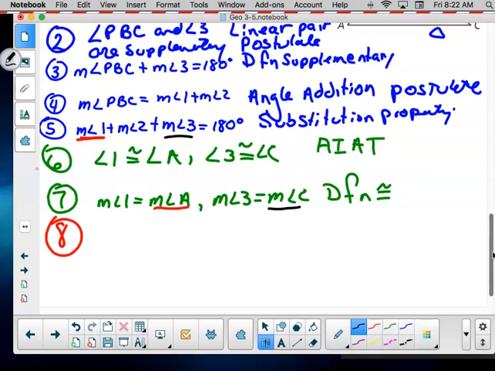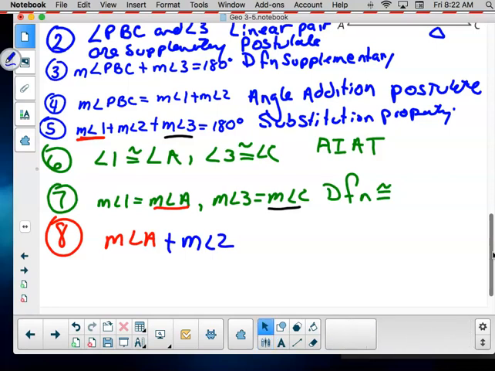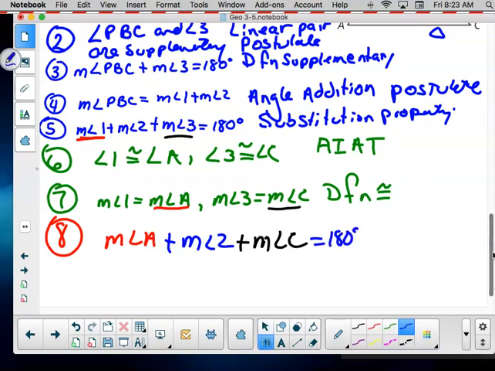And I'm going to say, okay, I know that the measure of angle A plus the measure of angle 2 plus the measure of angle C is all equal to 180 degrees, and that's by substitution. And that's property of equality.